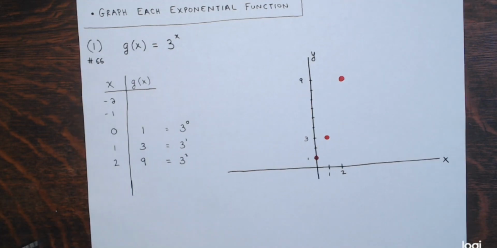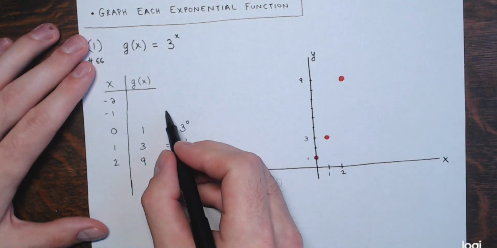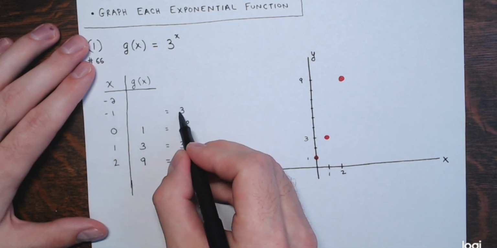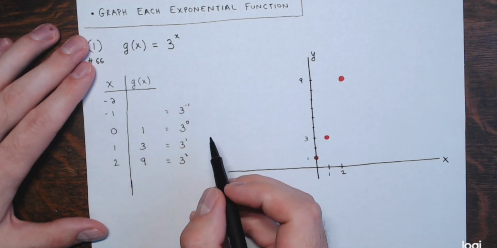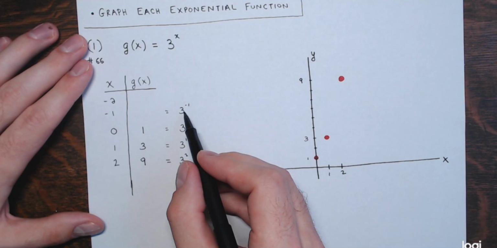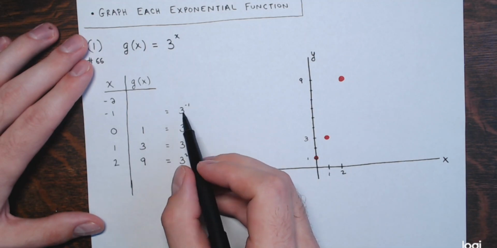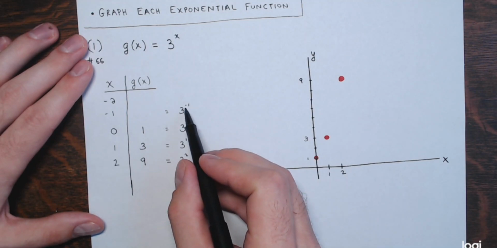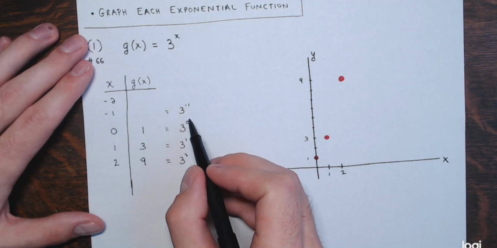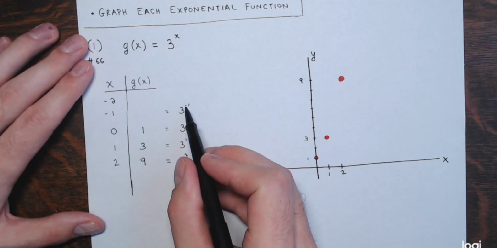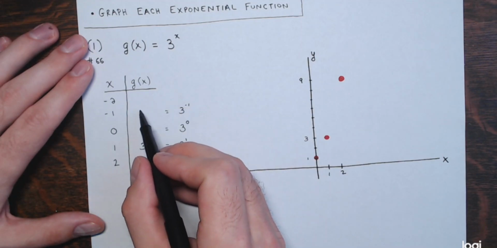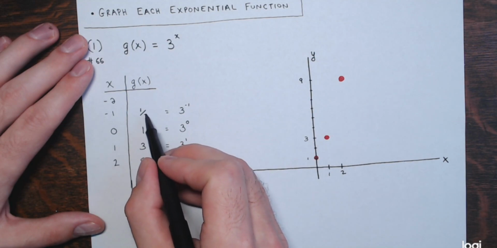Right, and then I keep going with that pattern. If I plug in -1 for x, 3 to the -1 power, again, this is not 3 times -1. This is 3 raised to the -1 power. So I decrease the power by 1. You divide the output by 3. That'd be 1/3.